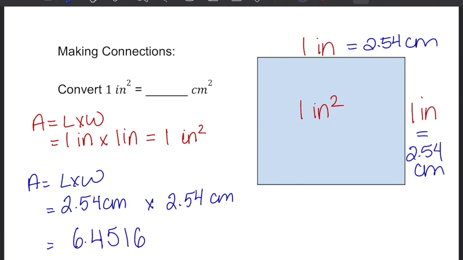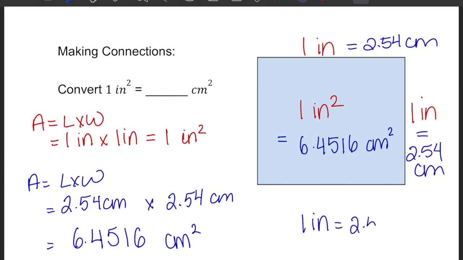And centimeter times centimeter is centimeters squared. So essentially 1 square inch is equal to 6.4516 centimeters squared.